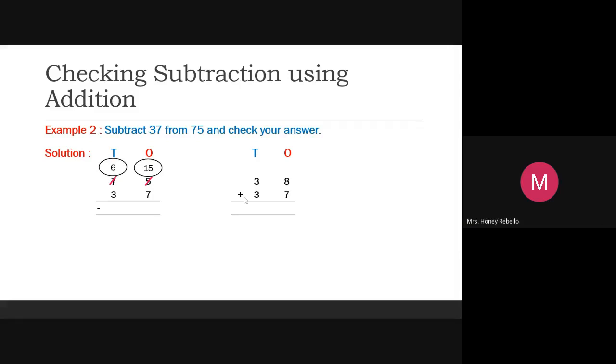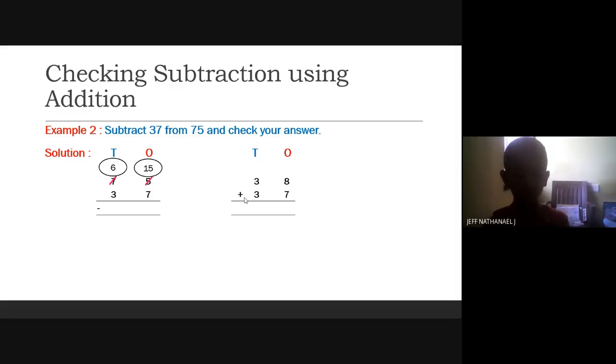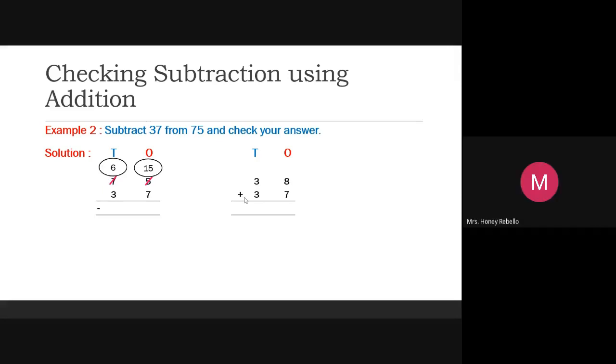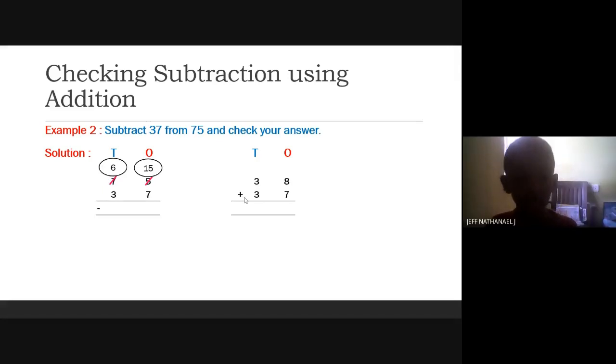Now subtract and tell me, what will you get if you take 7 from 15? After 7, you count till 15 and tell me the answer. After 7, 8, 9, 10, 11, 12, 13, 14, 15. What is the answer? Answer is 8.